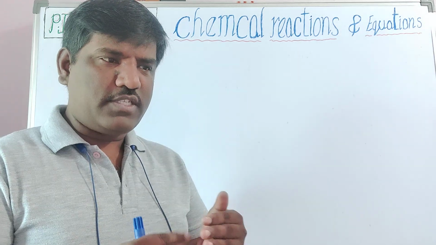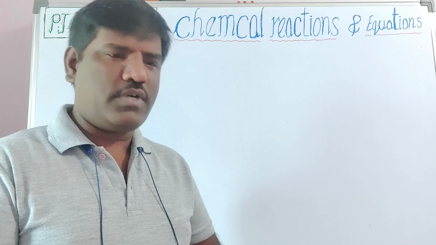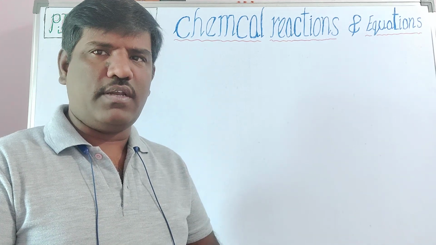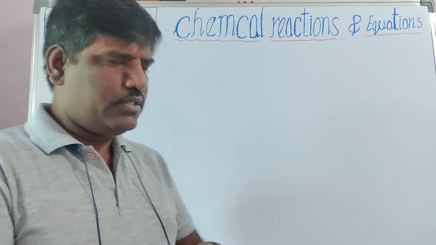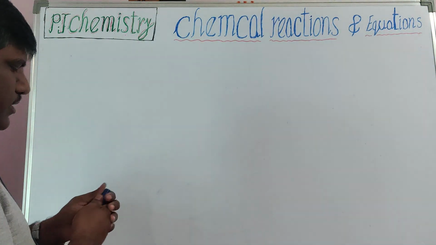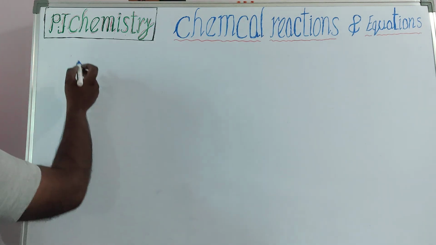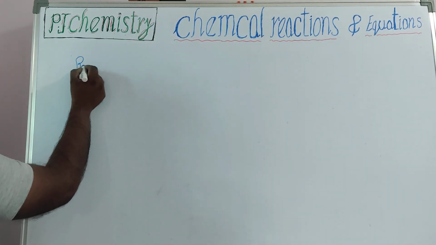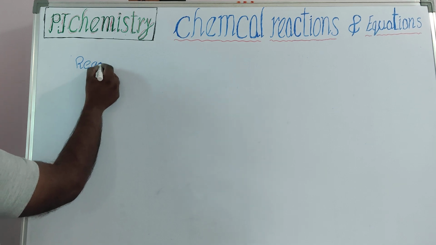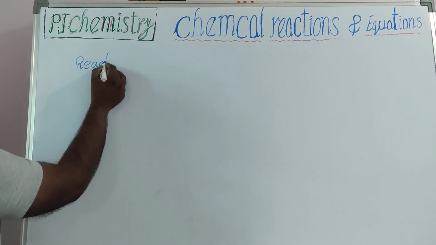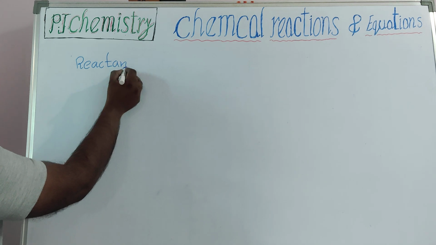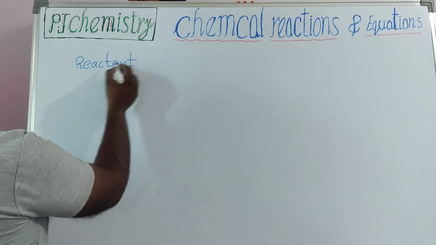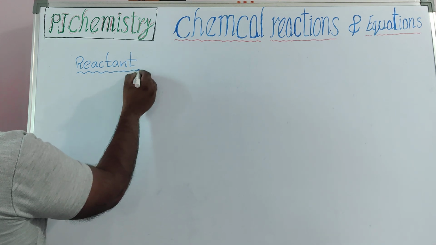Before that, there is something which is going to change, and after changing, there is a new substance. We should know what we call them. The first term is reactant.